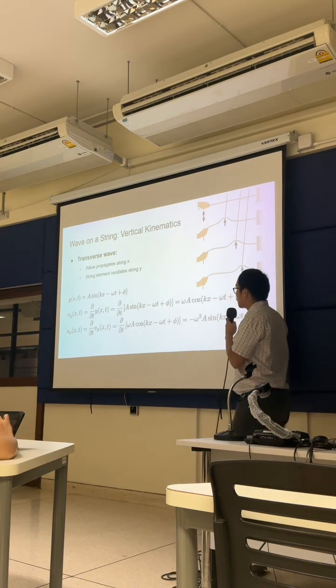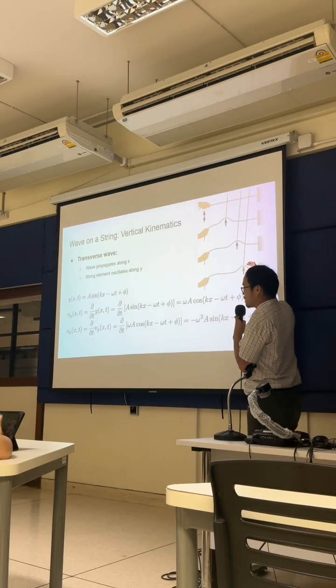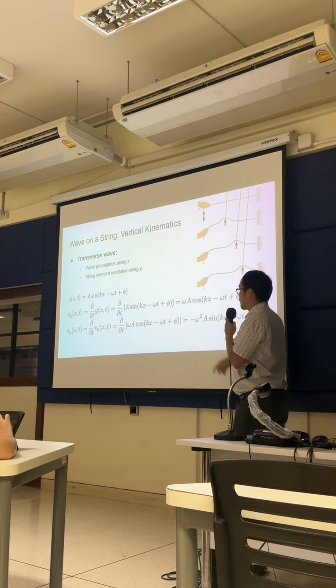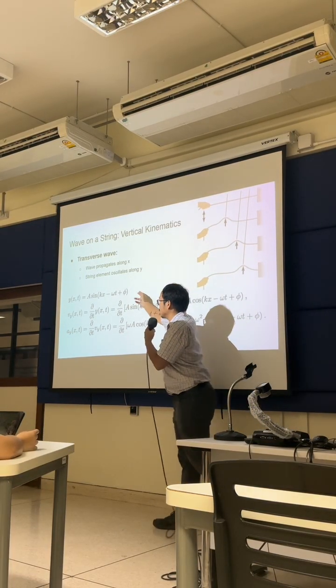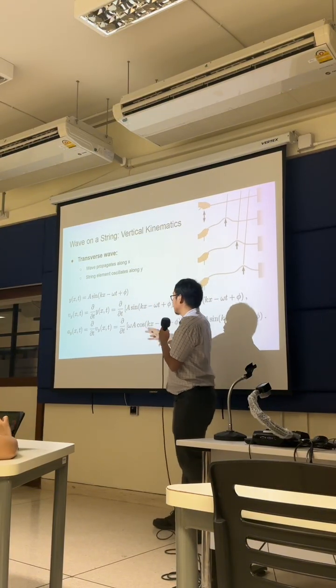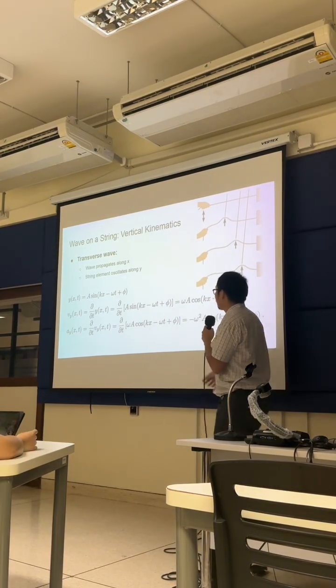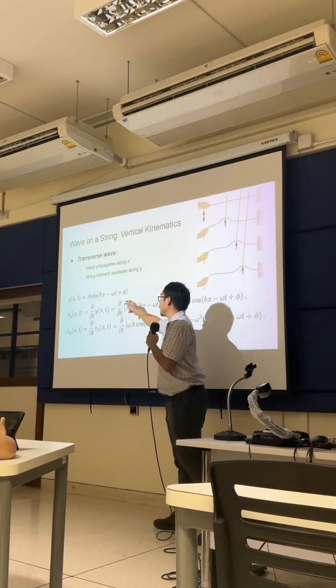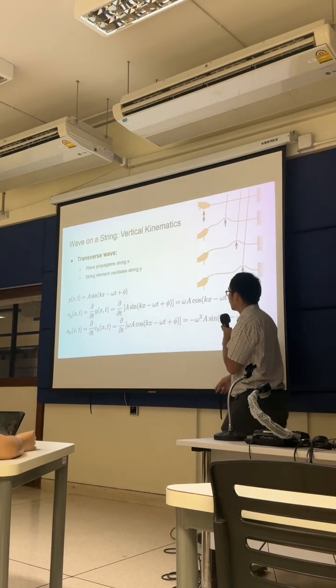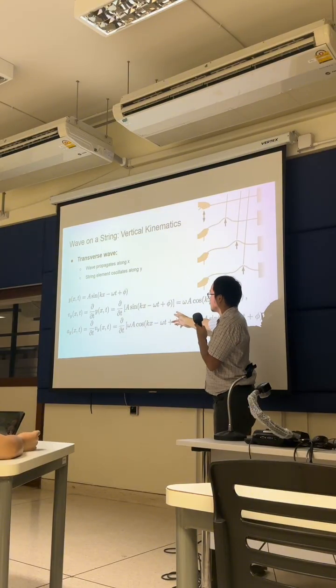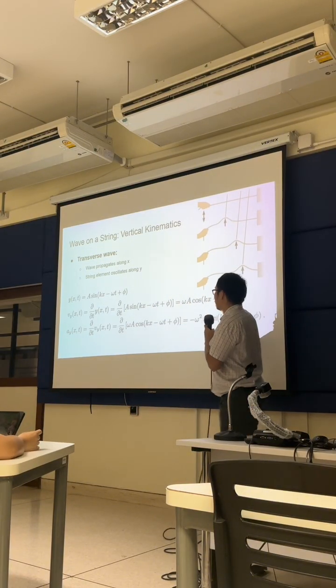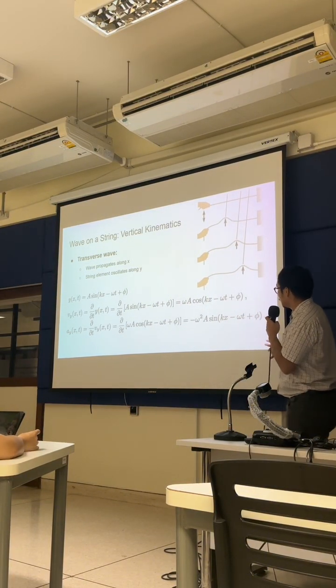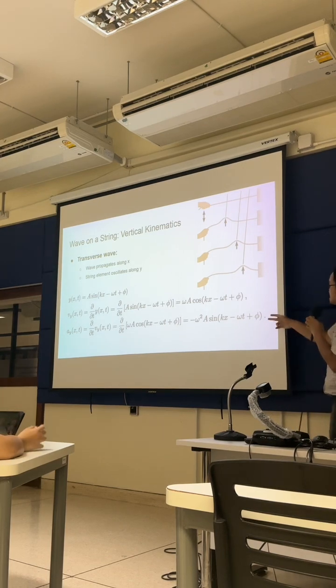Now, if you want to know the velocity or the acceleration of each element in the string, we just take the time derivative of this guy once or twice, depending on what we want, right? We take the derivative of the position, we get the velocity. We do it again to the velocity, we get the acceleration. Well, this is just directly taking the time derivative of that, keeping x constant, then we get these results, right?